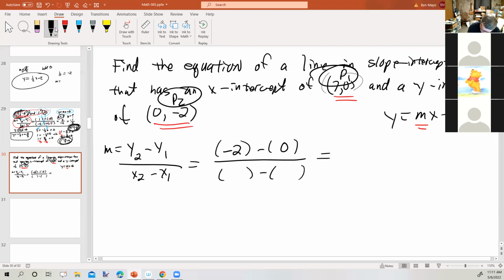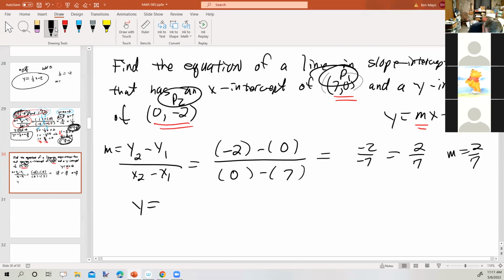Again, I think I confused myself because point 2 is on the left. That's my story and I'm sticking to it. x2 is 0 minus x1, which is 7. How's that look? Is that better? I think so. Okay. So we've got -2 over -7, which is +2/7. So the slope is 2/7.